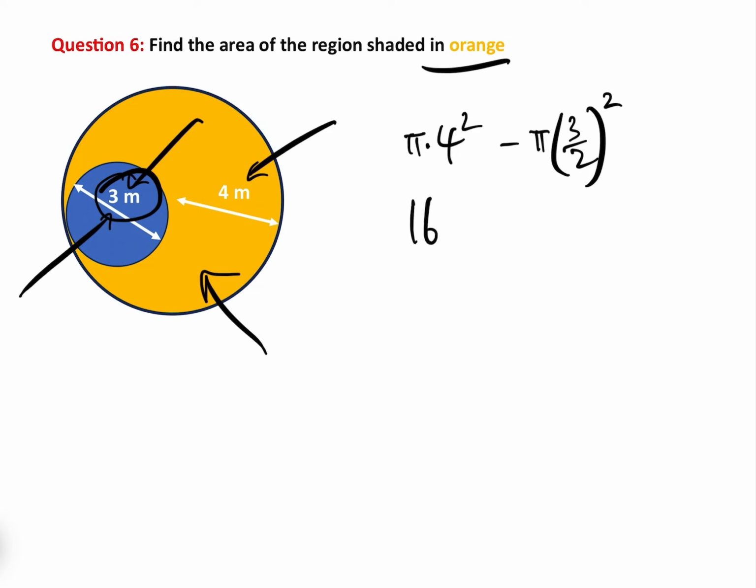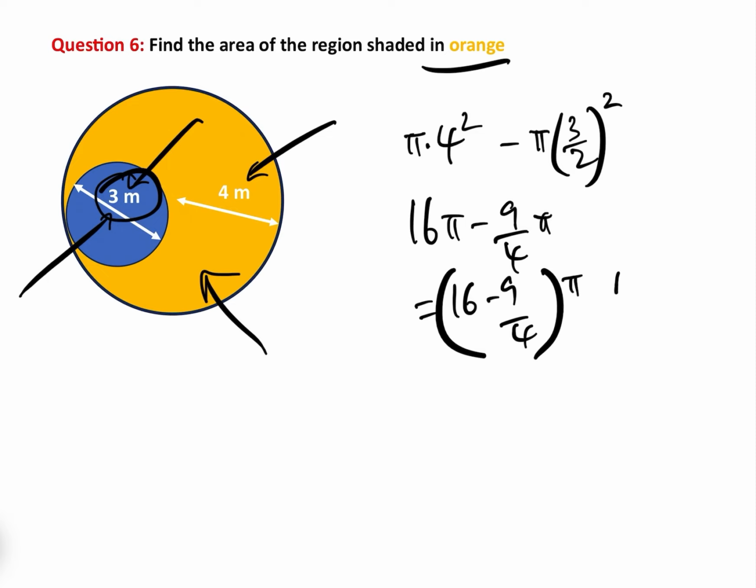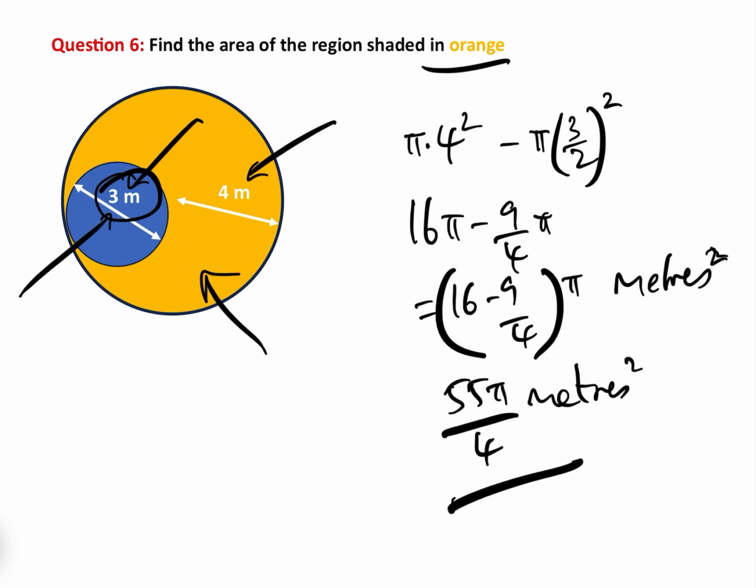So basically that equals 16 pi minus 9 over 4 pi, which equals 16 minus 9 over 4 pi meters. And we can simplify that slightly to being 55 pi over 4 meters squared. Sorry, my bad, meters squared, not meters, because it's an area. Okay, so the answer is 55 pi over 4 meters squared.